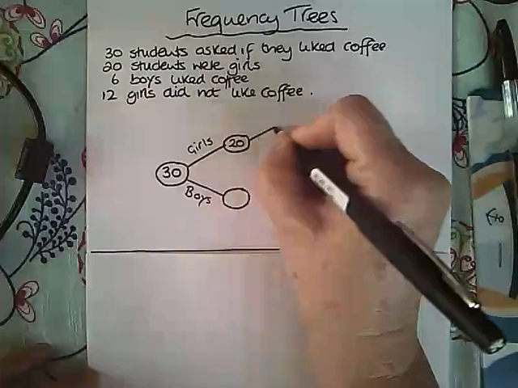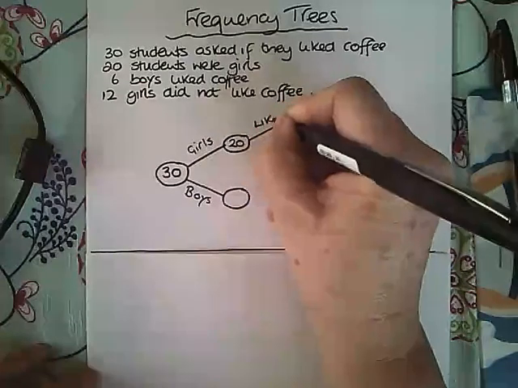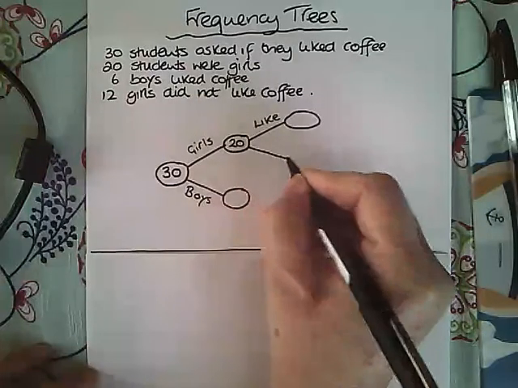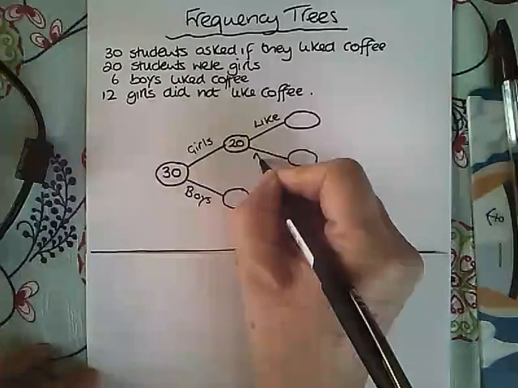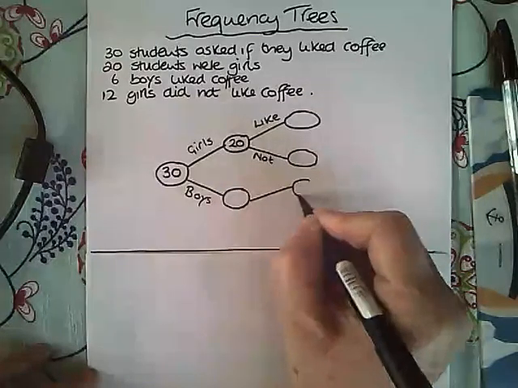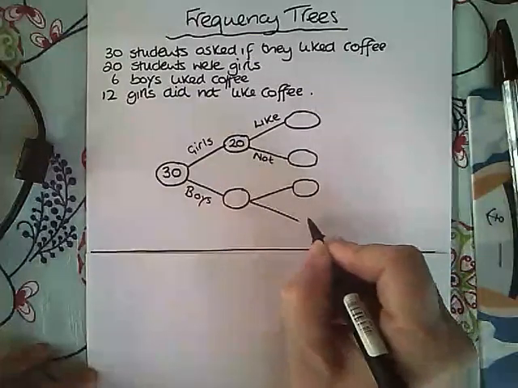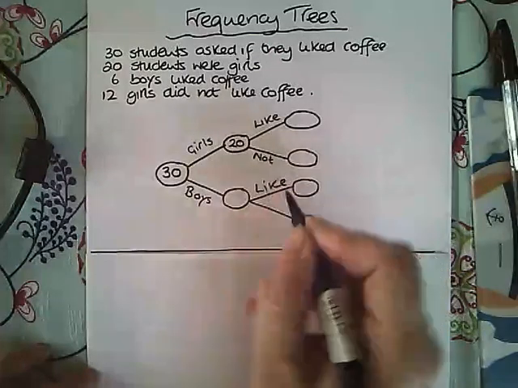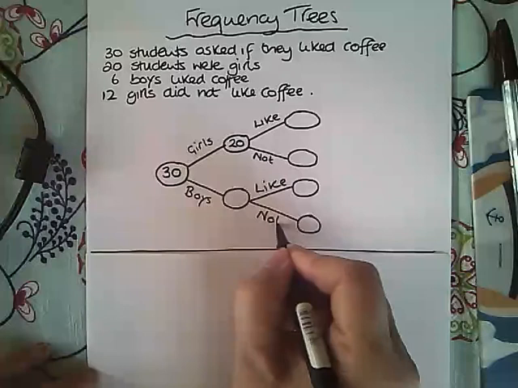So here we're going to put like and a bubble that we're going to fill in, and a bubble here, and I'm going to put not, and then the same on the bottom bubble, like and not.